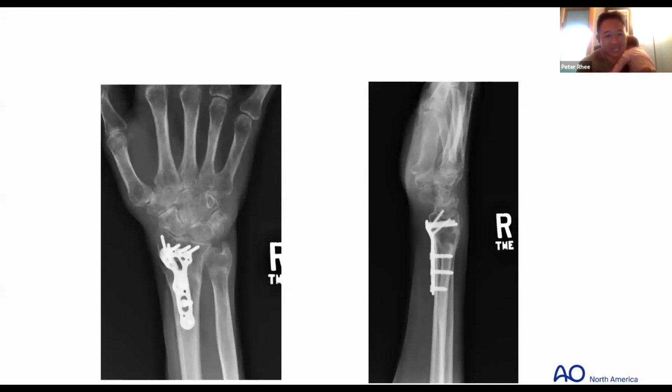So I think it's on the differential that the plate could be causing some issues. Yeah, but this particular plate's a little bit thicker than some, and it gets close to that point. But I agree with you. Most of the patients present with index FDP or FPL or more tendon irritation than direct median nerve problems.